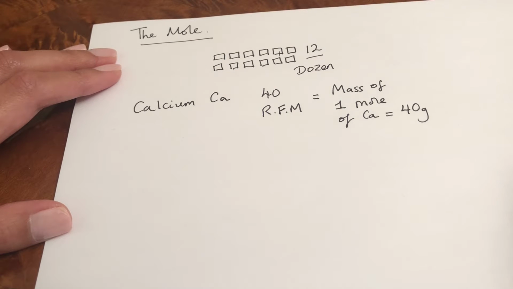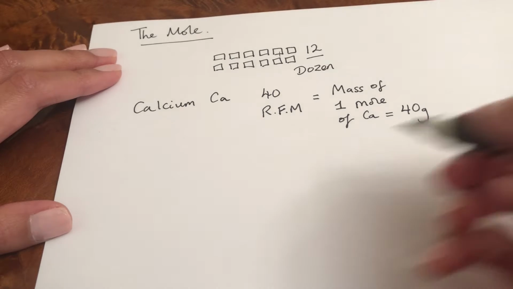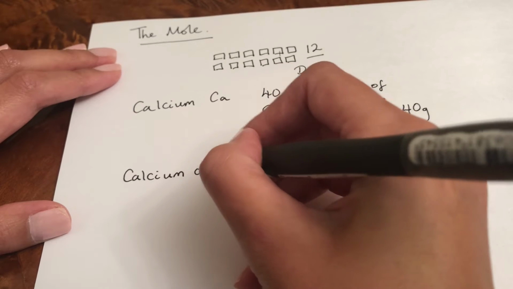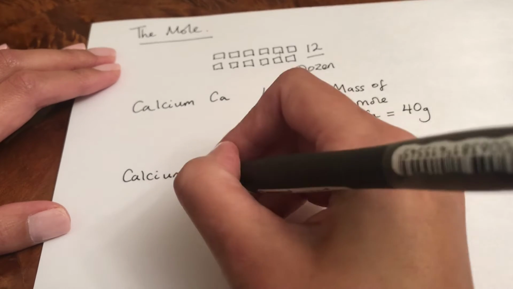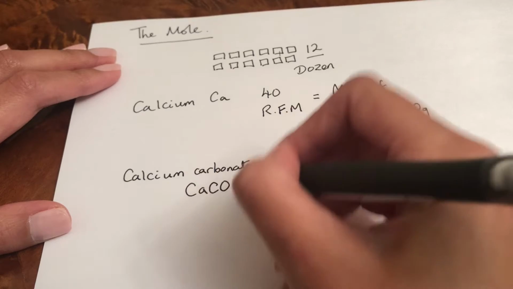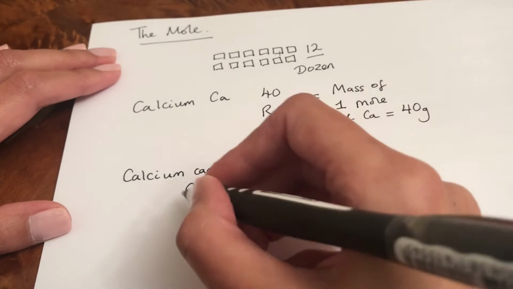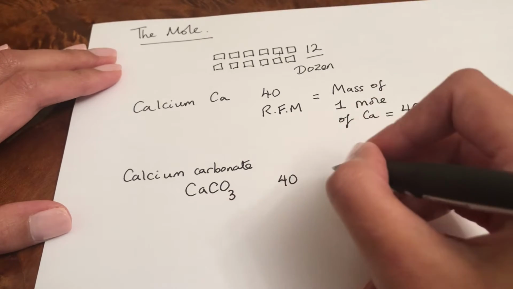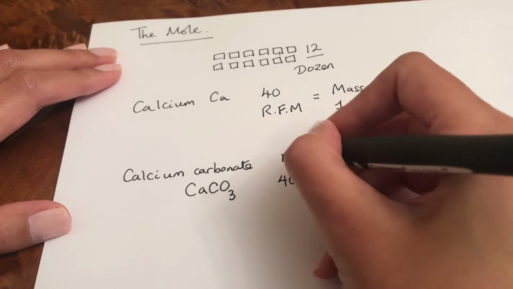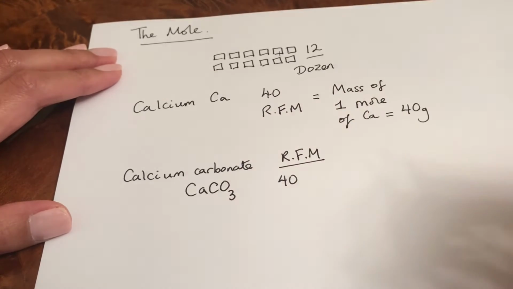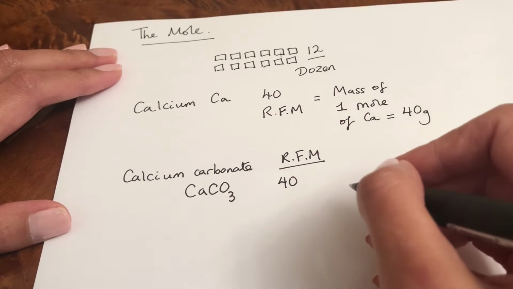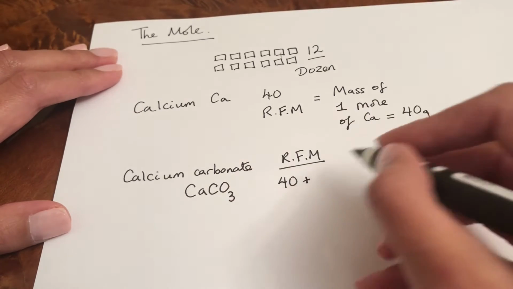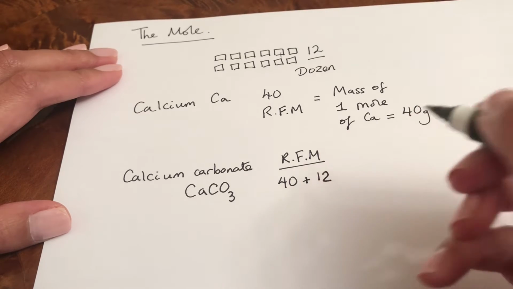Similarly, you may have seen these for other examples as well. So calcium carbonate. Here we go. Chemical formula CaCO3. Try and remember, capital, capital, capital, lowercase. We have calcium, that's 40. And if you want the total mass, you obviously need to check the periodic table. We discussed this in an earlier video. You add the value for carbon, which is 12.